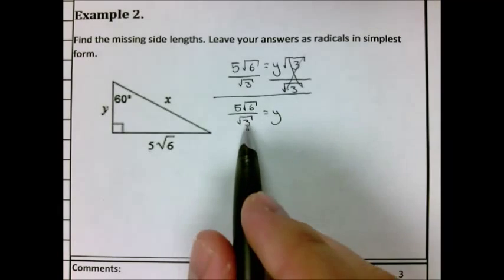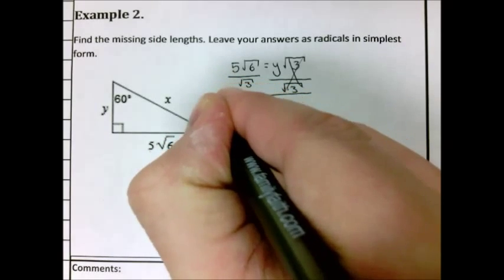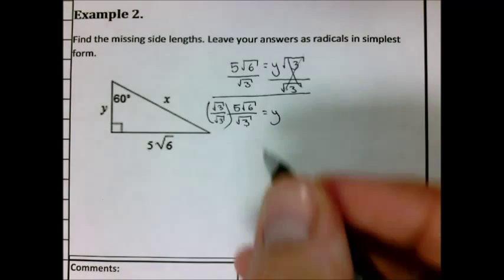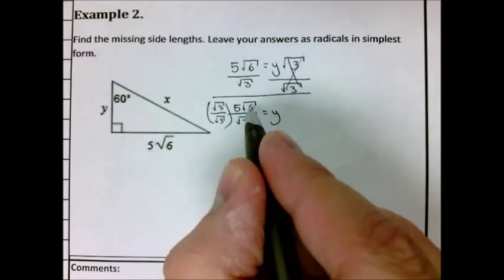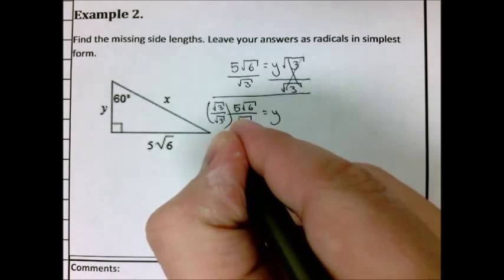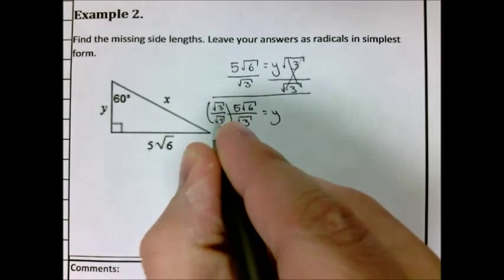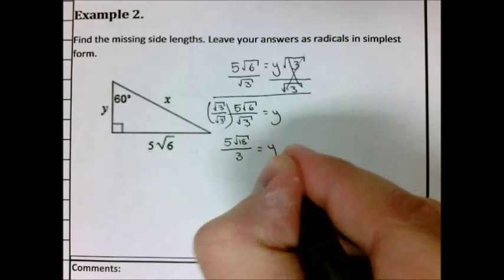So we need to get rid of that radical in the denominator by multiplying by the square root of 3 over the square root of 3. Because when we multiply those two fractions, 6 times 3 is 18. So we'll have 5 times the square root of 18 divided by the square root of 3 times the square root of 3, which is just 3, is equal to y.